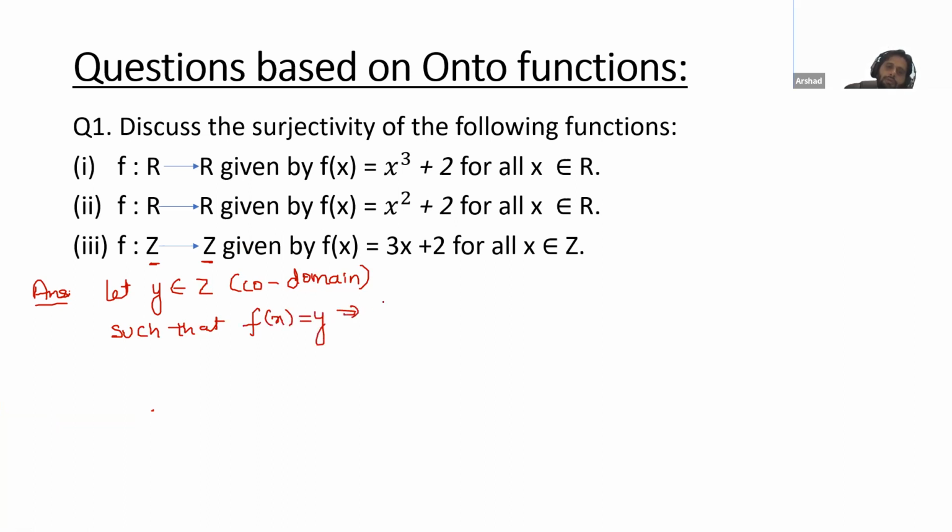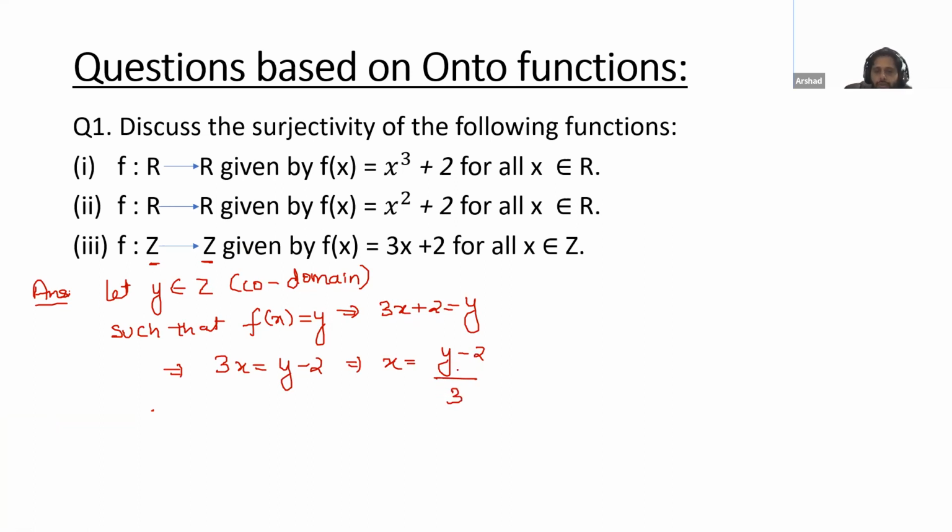That means 3x + 2 = y. We will find the value of x in terms of y, so we shift all the values to the right side. We get 3x = y - 2. Shift the 3, so we get x = (y - 2)/3.